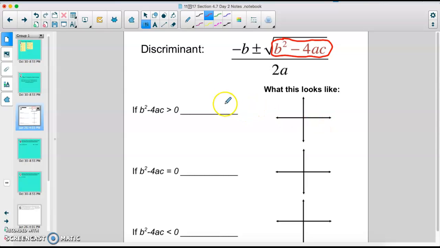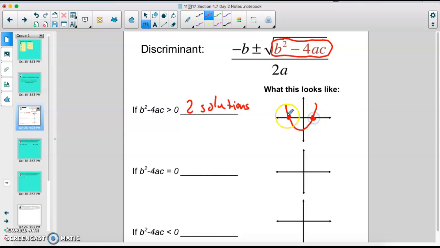So in this case, if b squared minus 4ac is bigger than 0, that means we're going to have two solutions. And our graph would look, just kind of winging it here, something like this, where it crosses the x-axis twice.